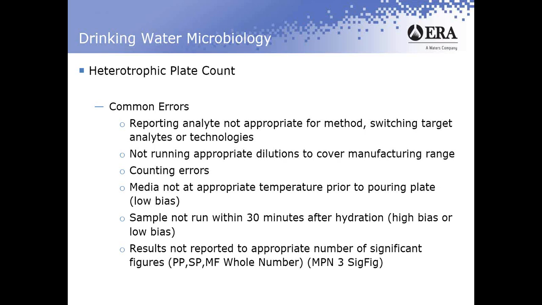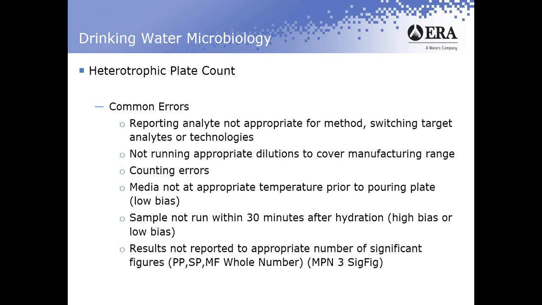Reporting analyte not appropriate for the method or switching the target analytes or technologies. Not running appropriate dilutions to cover the manufacturing range. Counting errors. Media not at the appropriate temperature prior to pouring your plate, causing generally low bias.